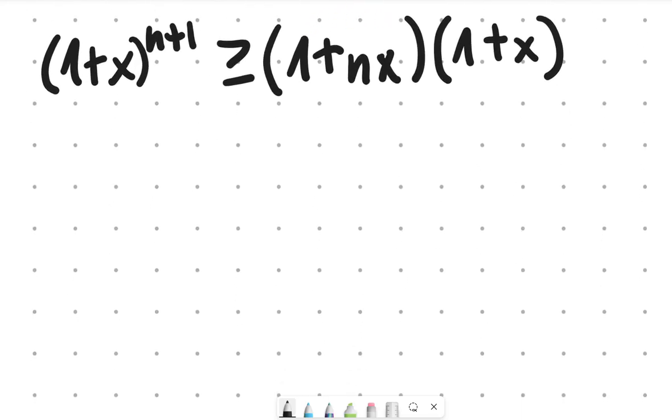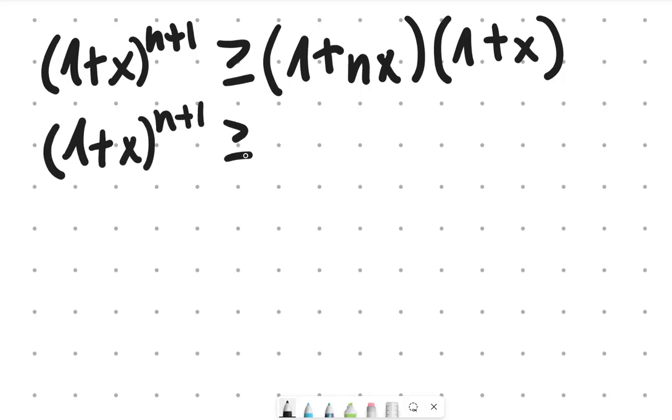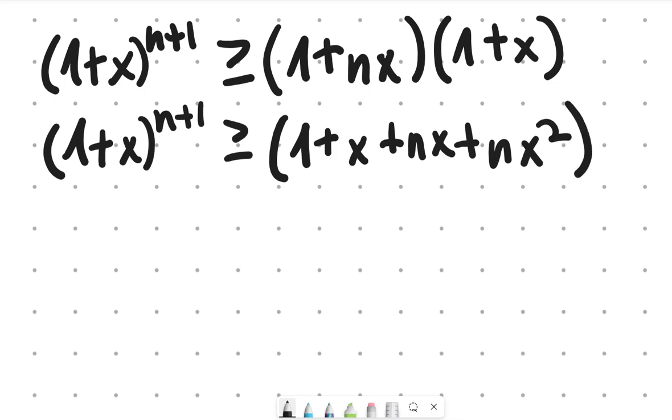Now, how can we go forward? We can still say, using the distributive rule, that (1 + x)^(n+1) is bigger or equal to 1 + x + nx + nx², since we distribute the parentheses with one another. And now we can use a small trick to get back to what we actually wanted.